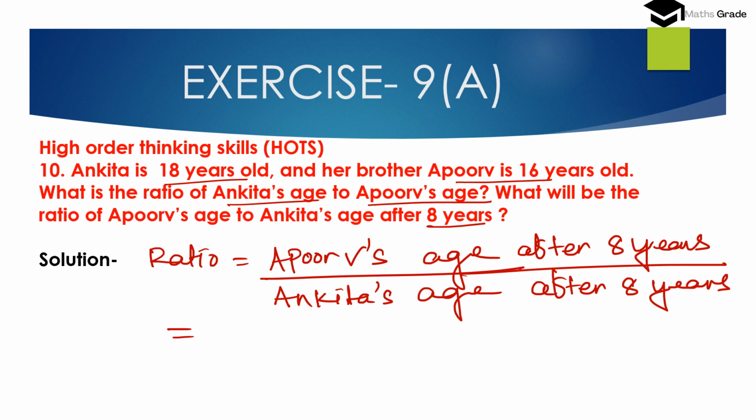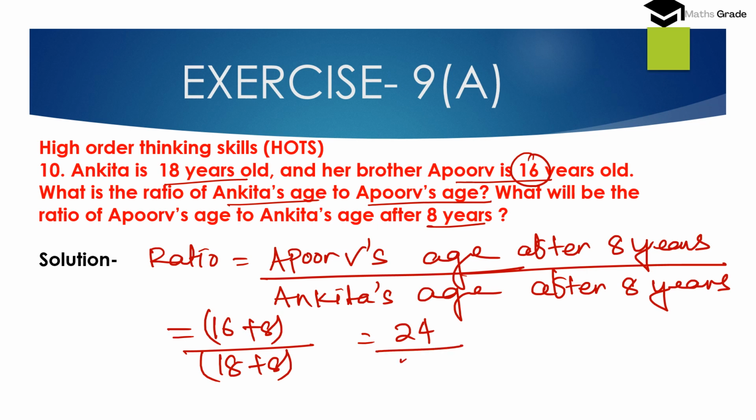Apurv's age after 8 years will be 16 years plus 8 years, and Ankita's age will be 18 plus 8. So 16 plus 8 is 24, and 18 plus 8 is 26.